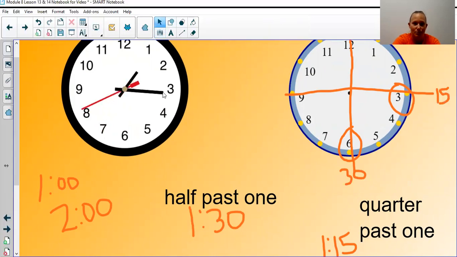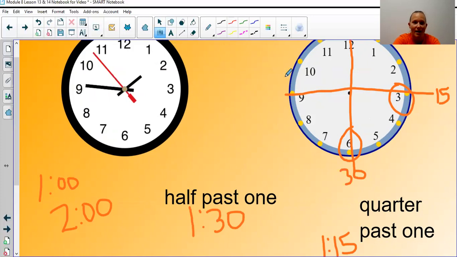Now, what happens when I move my hand around another quarter? 1/4 and 2/4, well, that equals a half. So let's move 1 more quarter. So now I'm 1, 2, 3/4 of the way around the clock, and I am on the 9.